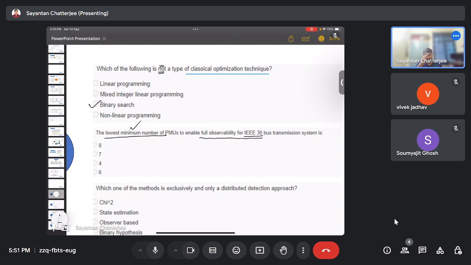So this is the work of optimal PMU placement. For IEEE 14 we have three PMUs, for IEEE 30 we had 7 PMUs, and for IEEE 39 we had 8 PMUs. So here it is 7.